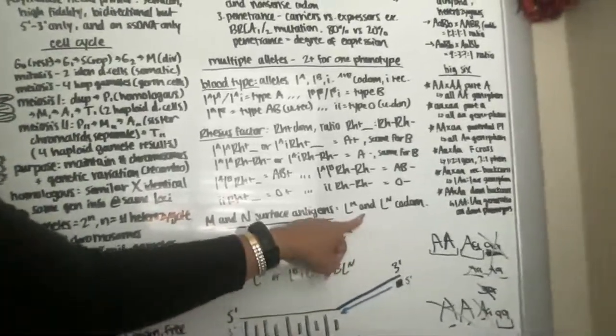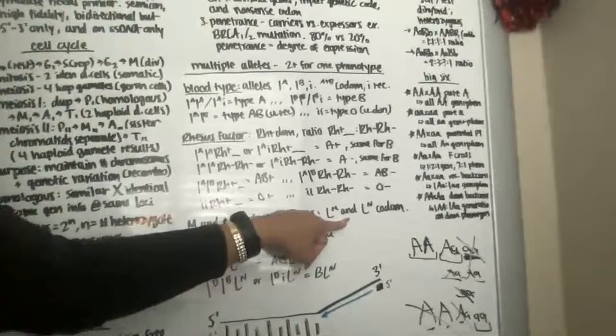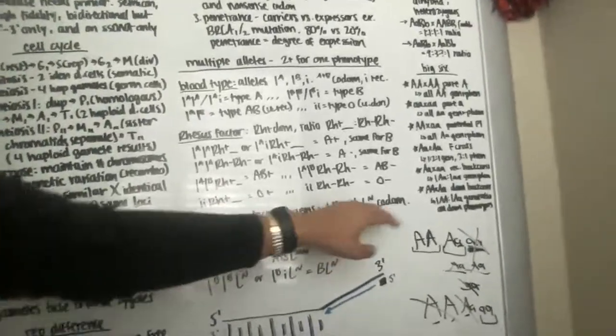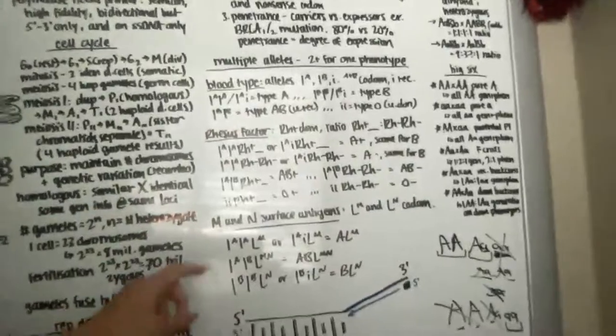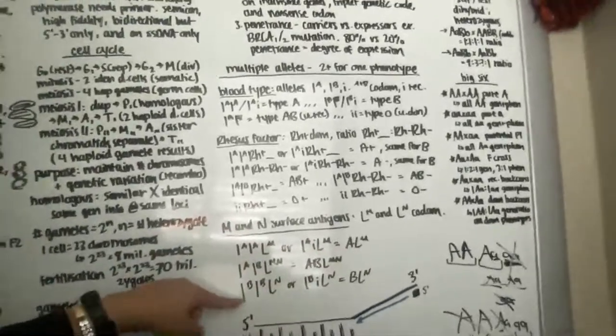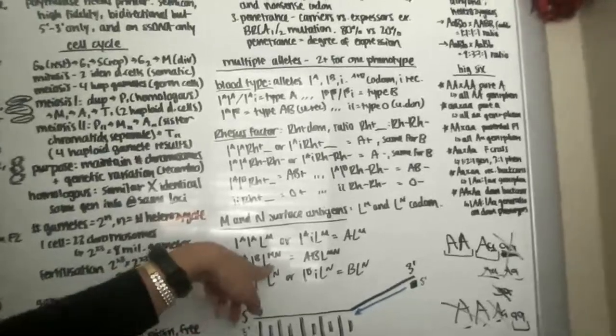The alleles are described as LM and LN. These are both codominant, just like the blood type. So if you have type A with M, it'll be A LM LM. If you have type B with N, it'll be B LN LN. If you have type AB with MN, it'll be AB LM LN.